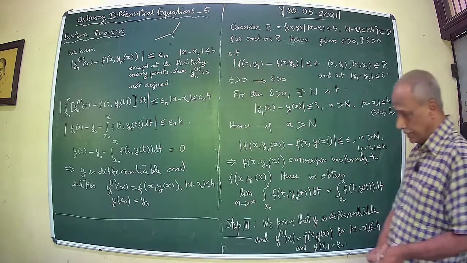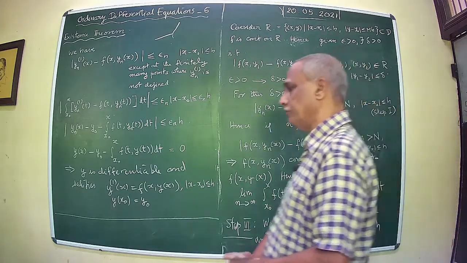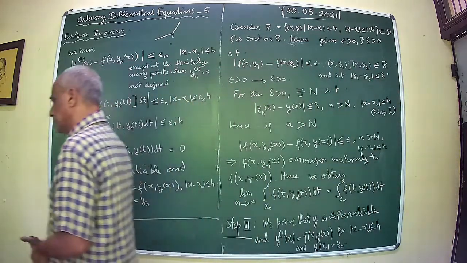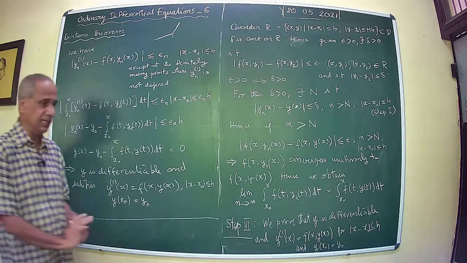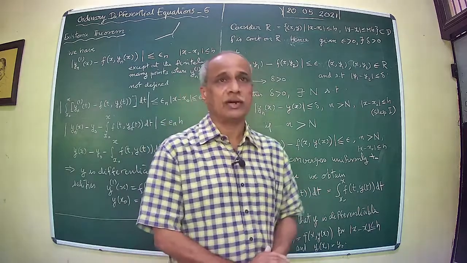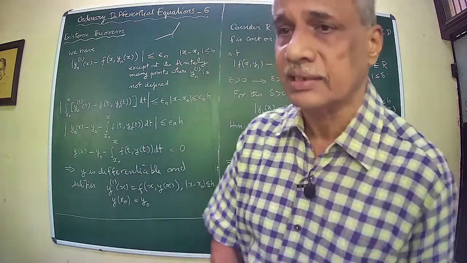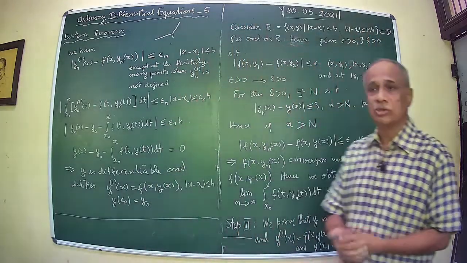And this also gives you a way of constructing these approximations to the solution, because often the problem that you encounter in differential equations is this: how to solve the equation.